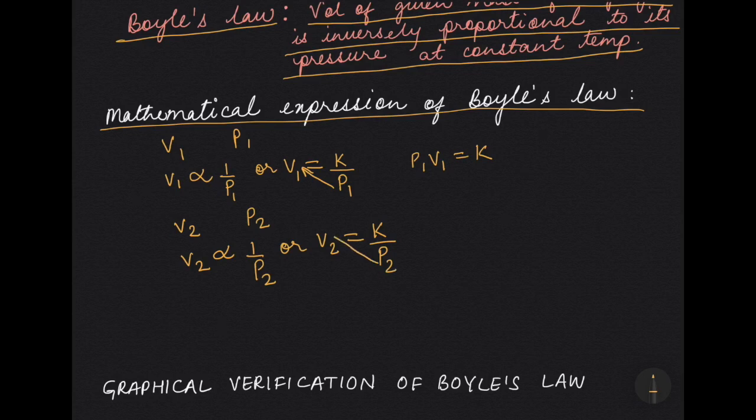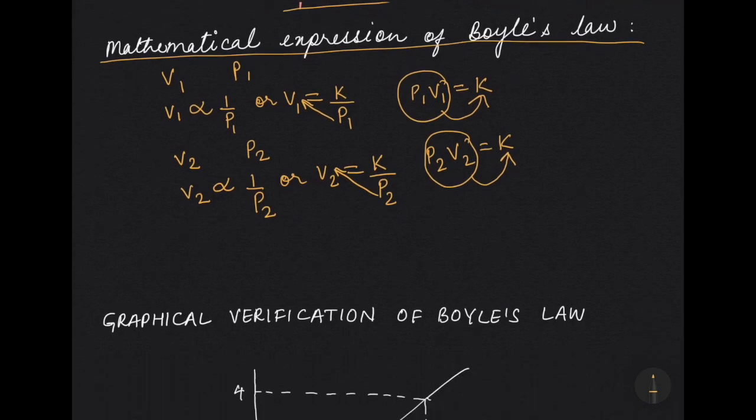Again, by cross multiplying, what do we get? P2 V2 is equal to constant k. That means P1 V1 is equal to constant k, and so is P2 V2 is also equal to constant k. Therefore, what do we get? We get P1 V1 is equal to P2 V2, which is equal to k.